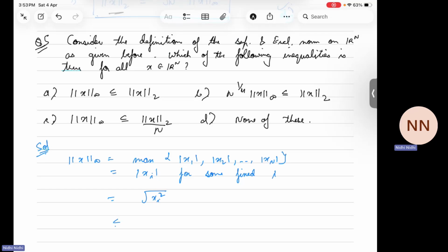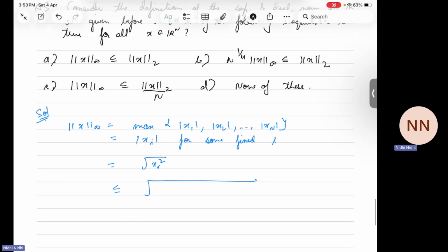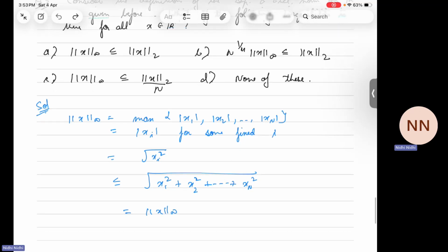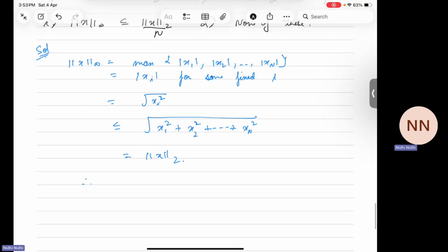So obviously this will be less than or equal to this, because adding some positive terms will make it bigger. And what is this? By definition, this is the Euclidean norm, the 2-norm. So therefore we get the sup norm is less than or equal to the Euclidean norm.